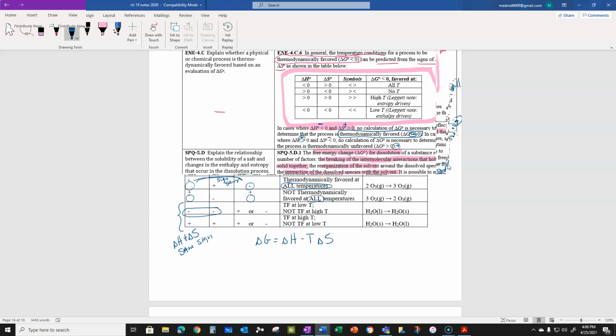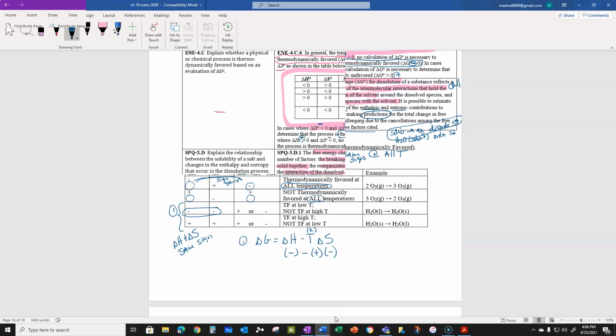So let's say right here, we'll call this scenario number 1. If H is negative, and you know T is positive because we're talking about Kelvin here. Kelvin's always positive. And what if the S is negative? That means you're taking a negative minus a negative number.